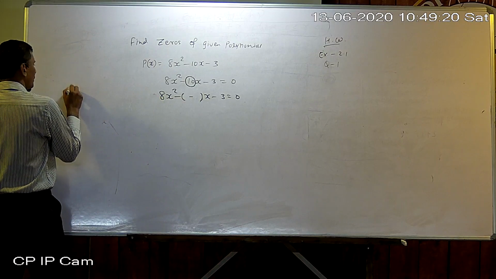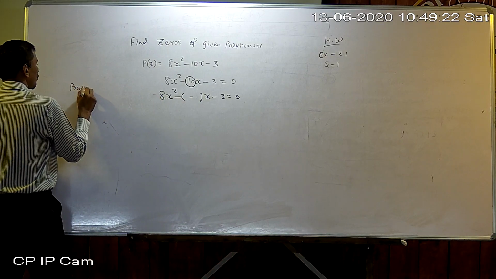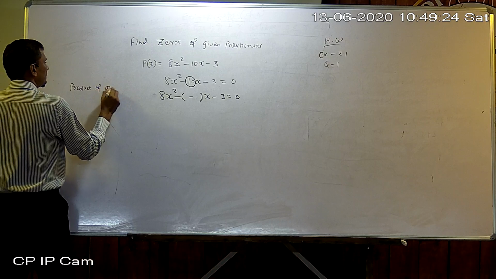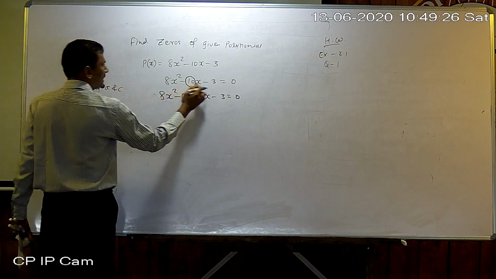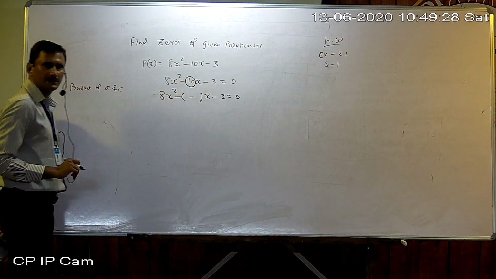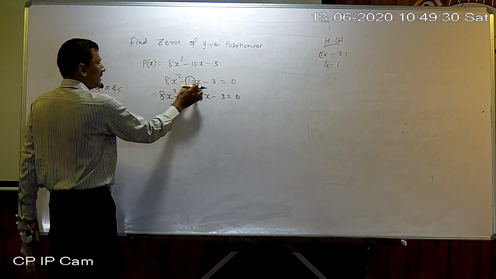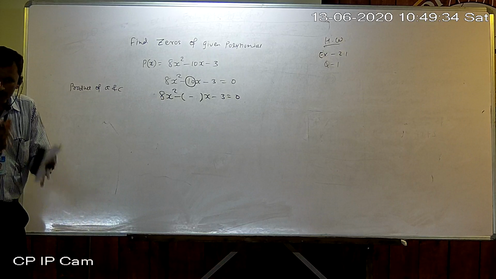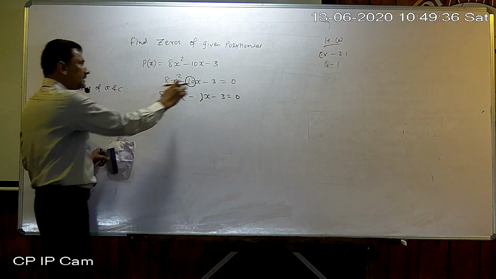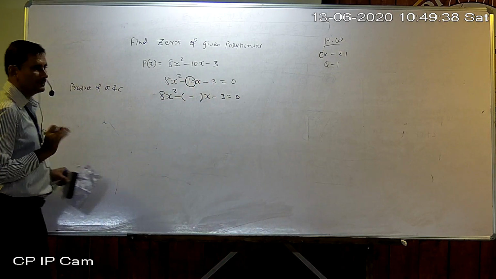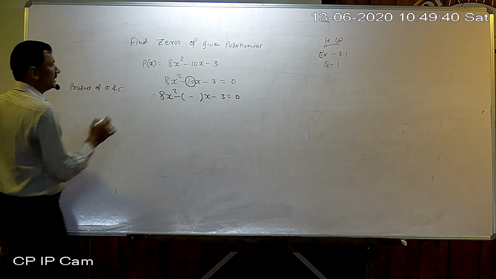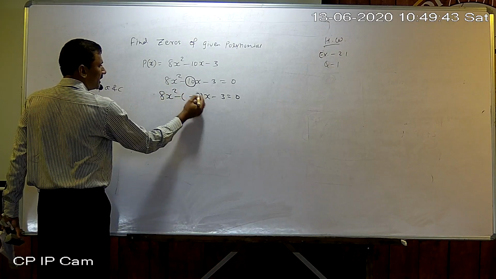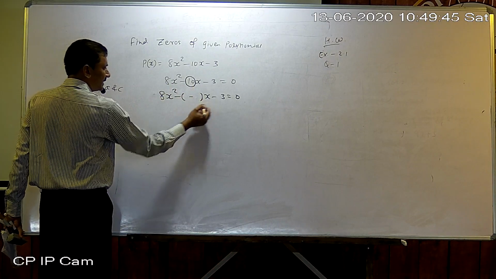Now make the product of A and C. A, B, C means the coefficient of the first term A, the coefficient of the second term B, and the last term itself, because it is a constant term. So A, B, C.